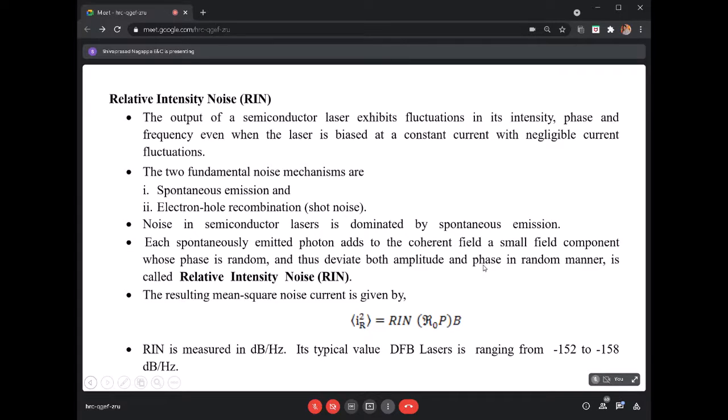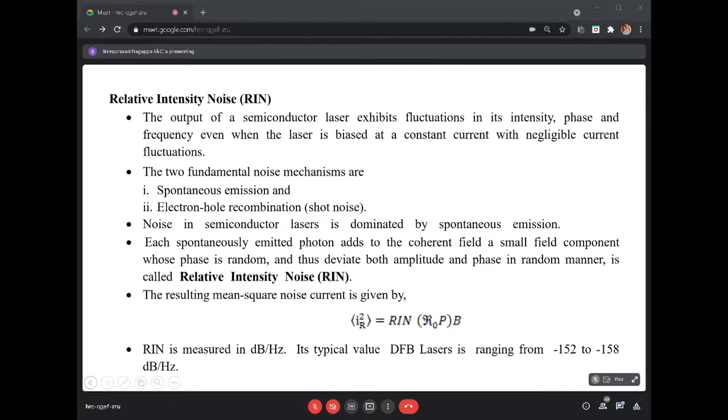Relative intensity noise. As you all know, in lasers, that is semiconductor lasers, there will be variation, or fluctuation, in the intensity or phase, sorry, or the frequency at the output.